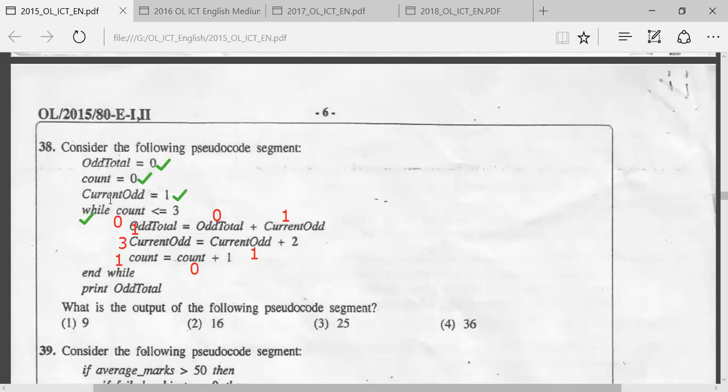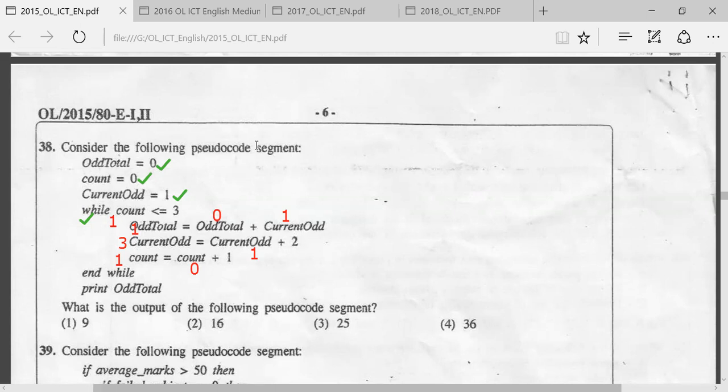It will go back here. So the count value is 1. Right? So I will erase this one and write count as 1. Odd total equal odd total plus current odd.